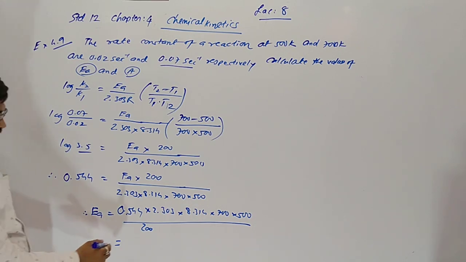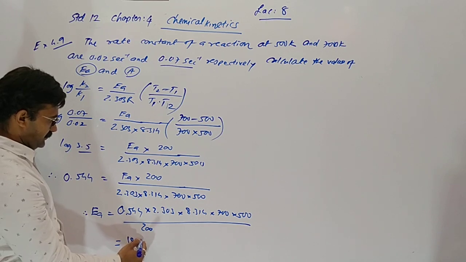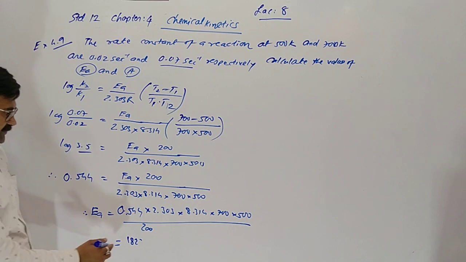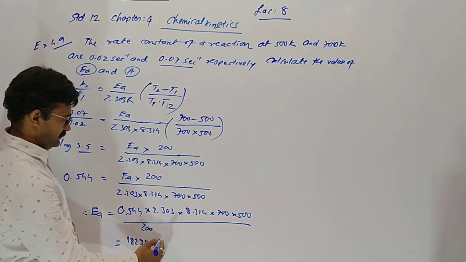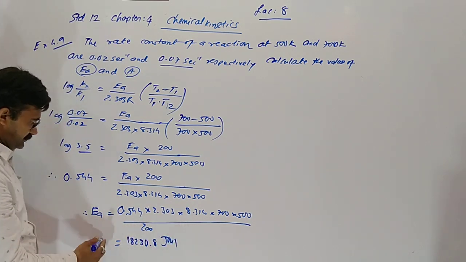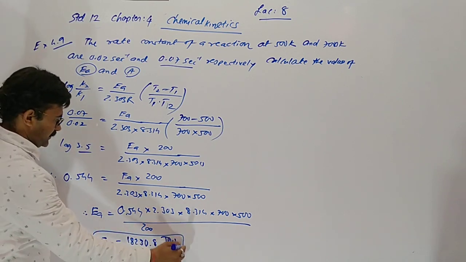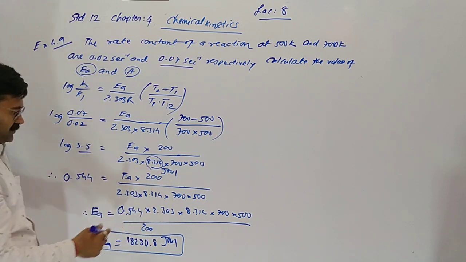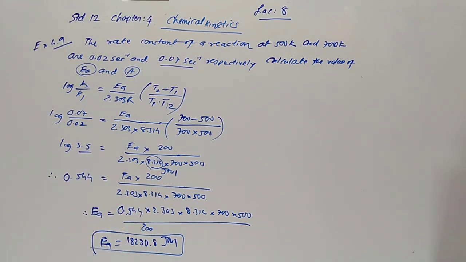That is 18230.8 in joule. Why? Here the value of R is taken in joule, so the answer should be in joule.